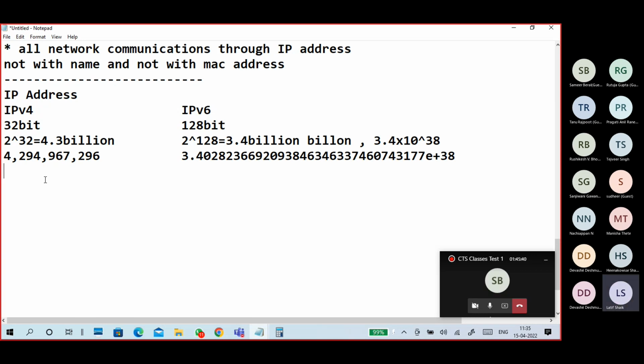But a lot of countries are not accepting IPv6 because they are still using old technologies. We think a lot of countries means India is a very poor country. In India, we don't use IPv6 kind of stuff. No. In America itself, they don't use IPv6 in public communications.